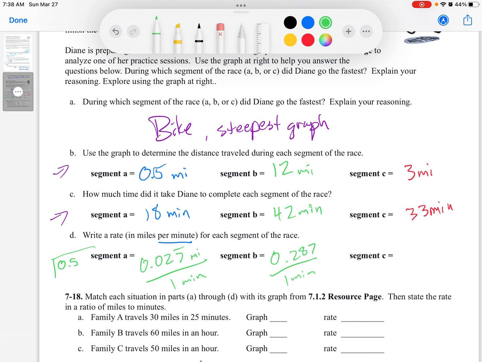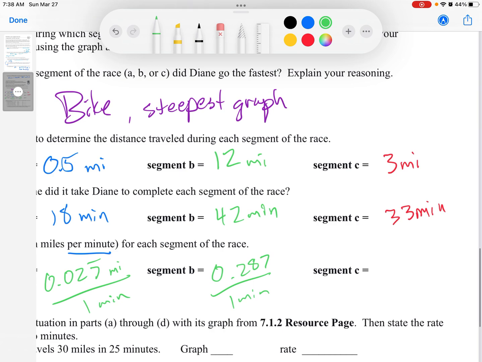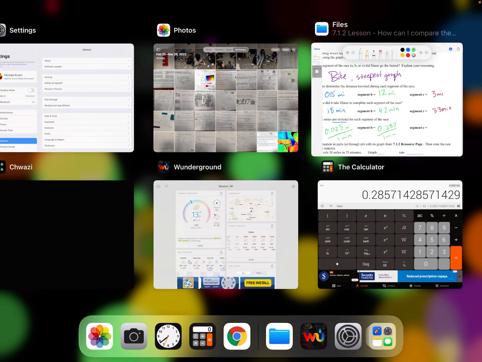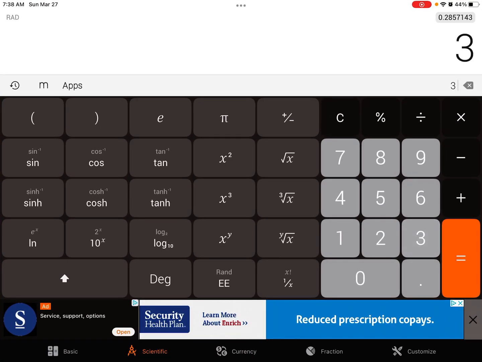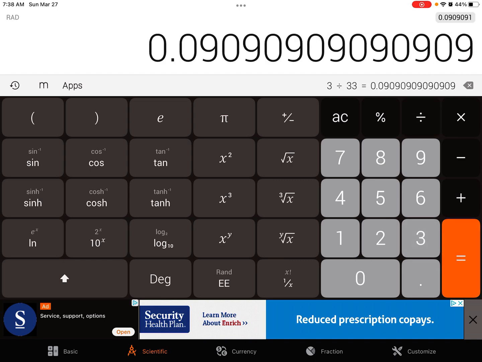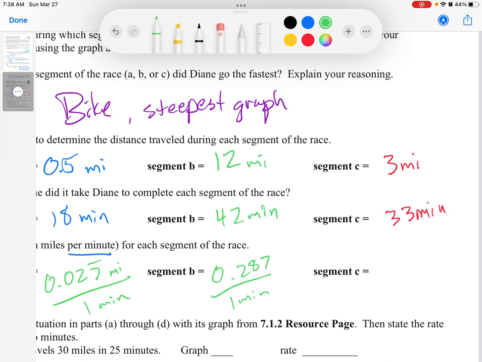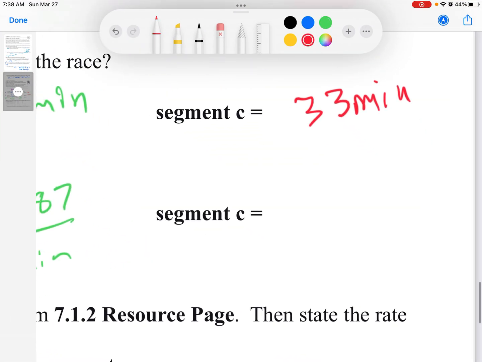And then for segment C, we have 3 miles in 33 minutes. So 3 divided by 33 is 0.0909, which we round to 0.091 miles per minute.